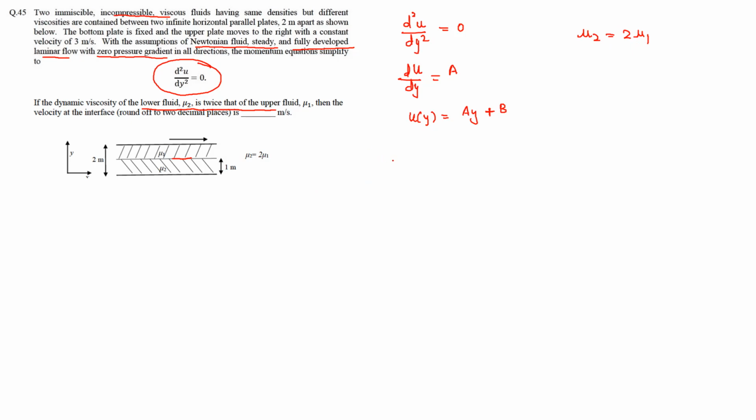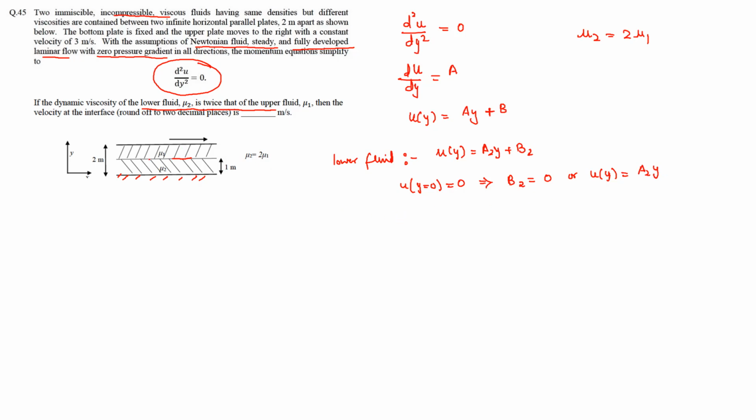Now let's look at the lower fluid and say that u as a function of y for the lower fluid is a2 y plus b2. These are two constants. Since the bottom plate is at rest, we know that u at y equal to 0 is equal to 0. This naturally leads us to find that b2 is equal to 0, so u as a function of y for the bottom fluid will just be a2 times y.